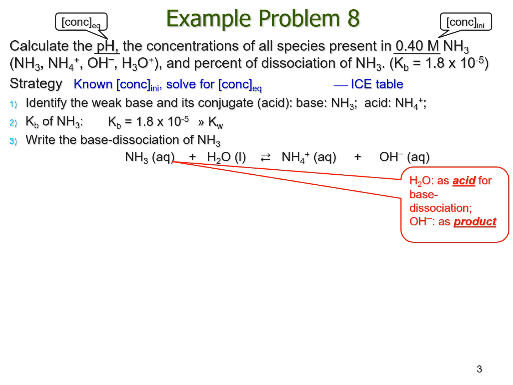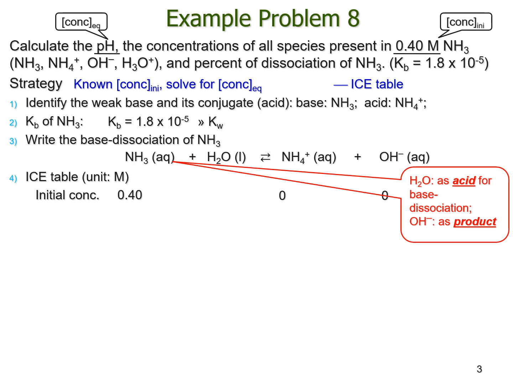No matter how hard you try the mathematics, that won't bring you any more credit. So we have to make sure we write a correct dissociation equation. All right, so OH minus must be the product because we talk about the base. OH minus is the anion for base.